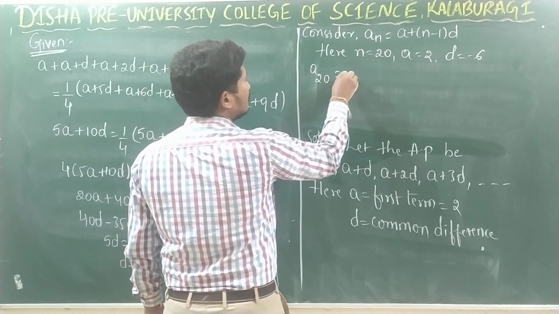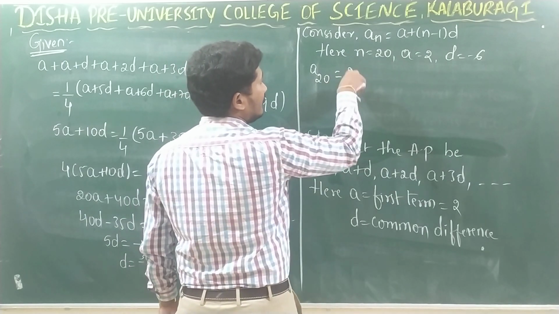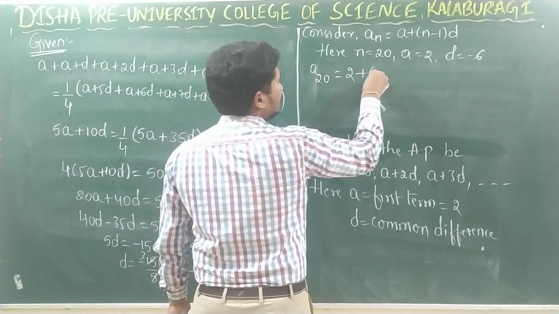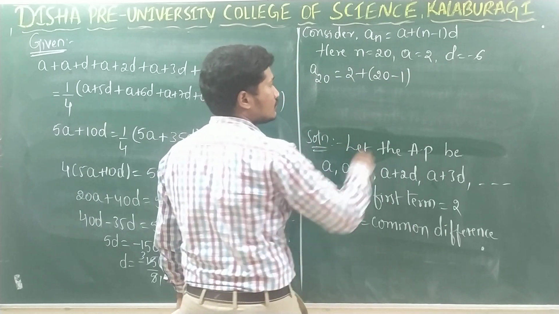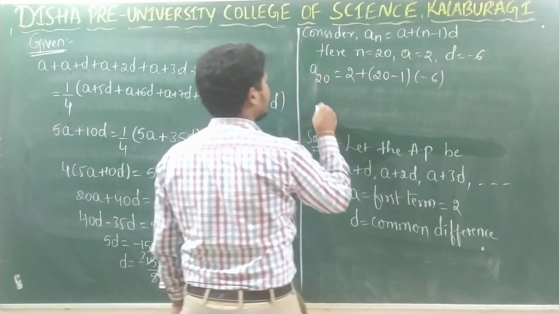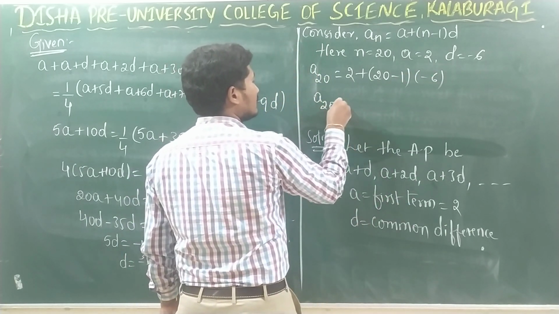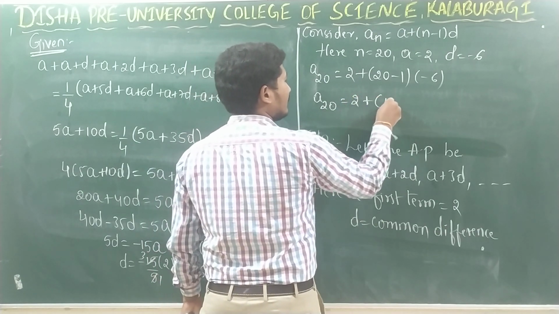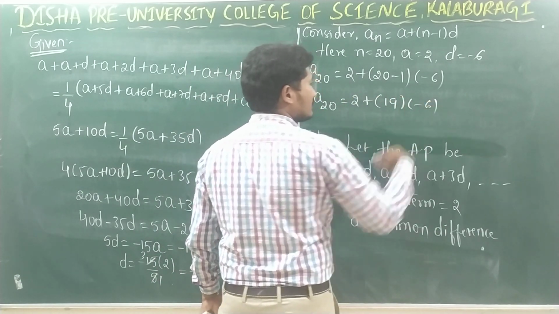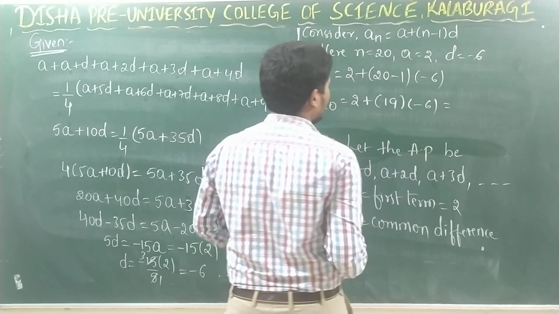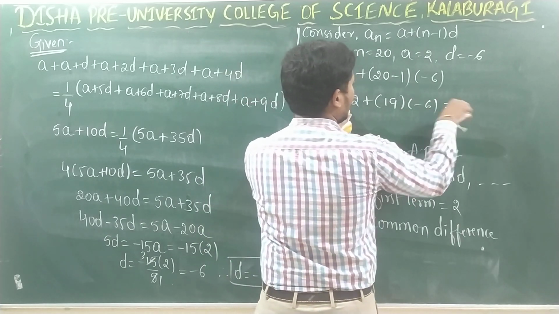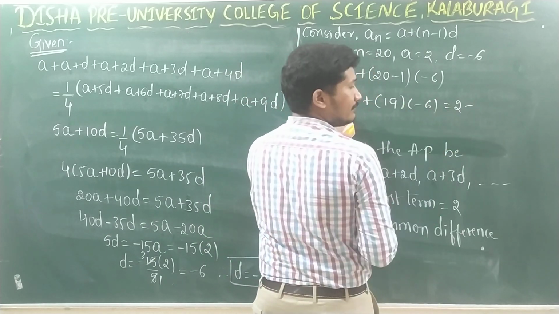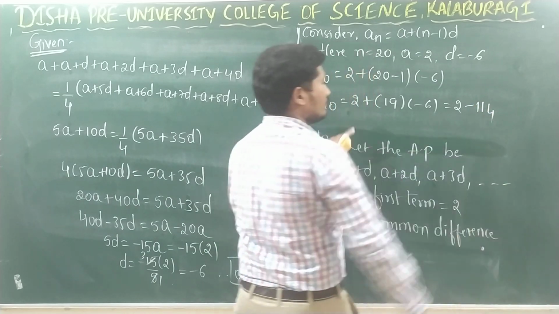So a20 is equal to the value of a, which is 2, plus n value, which is 20, minus 1, into minus 6. So a20 is equal to 2 plus 19 into minus 6. So this is equal to 2 plus, into minus is minus, 19 sixes is 114.